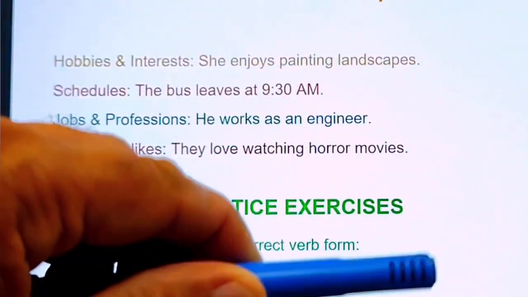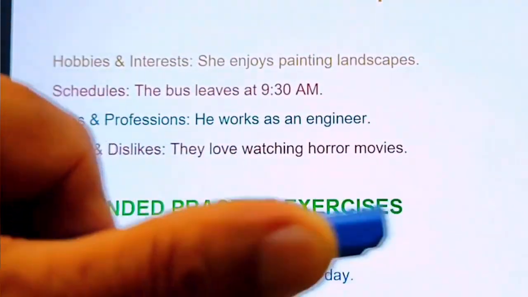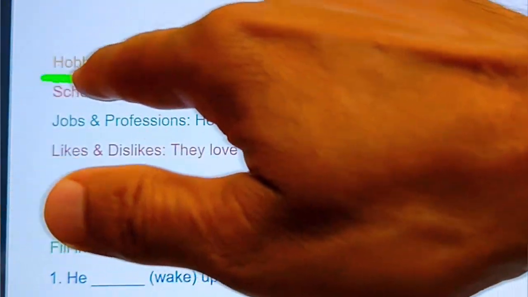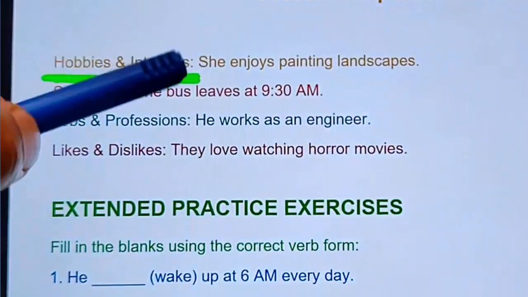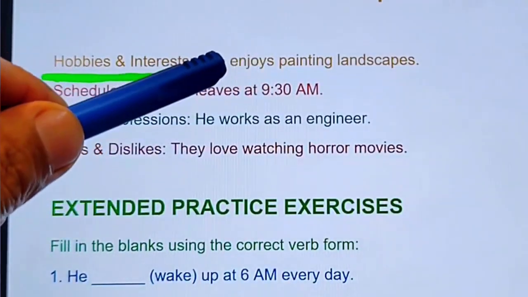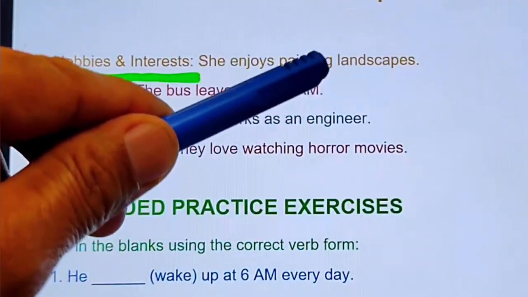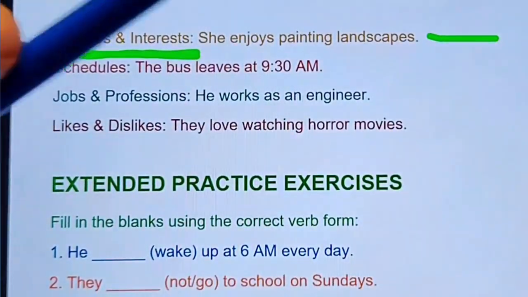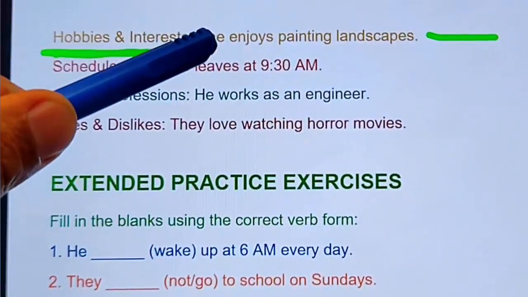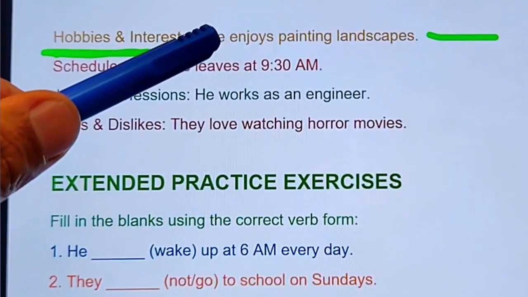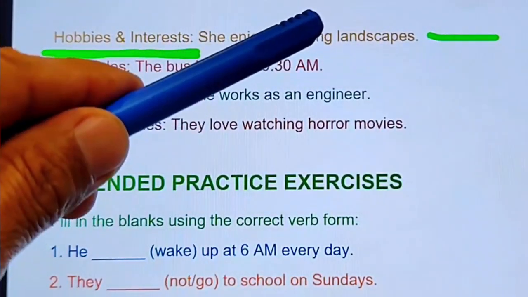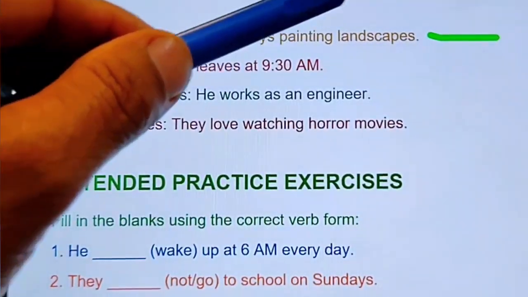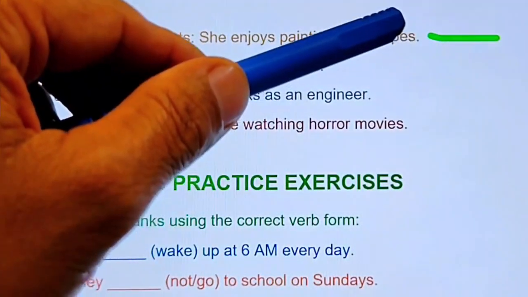So let's further describe where we use simple present tense. We use simple present tense for hobbies and interests. For example, she enjoys painting landscapes. So this describes what she is doing: painting, and she enjoys the making of paintings about landscapes.